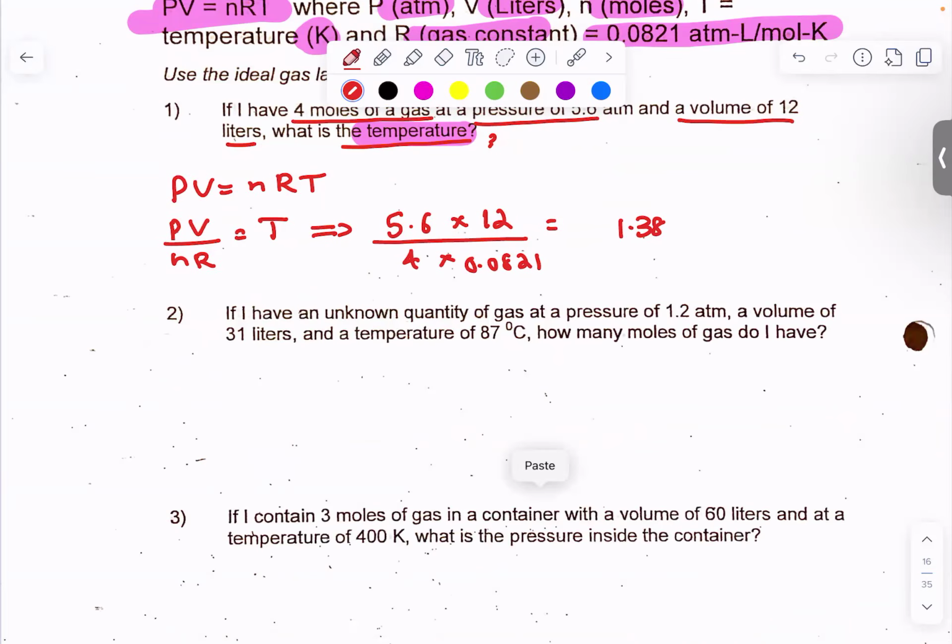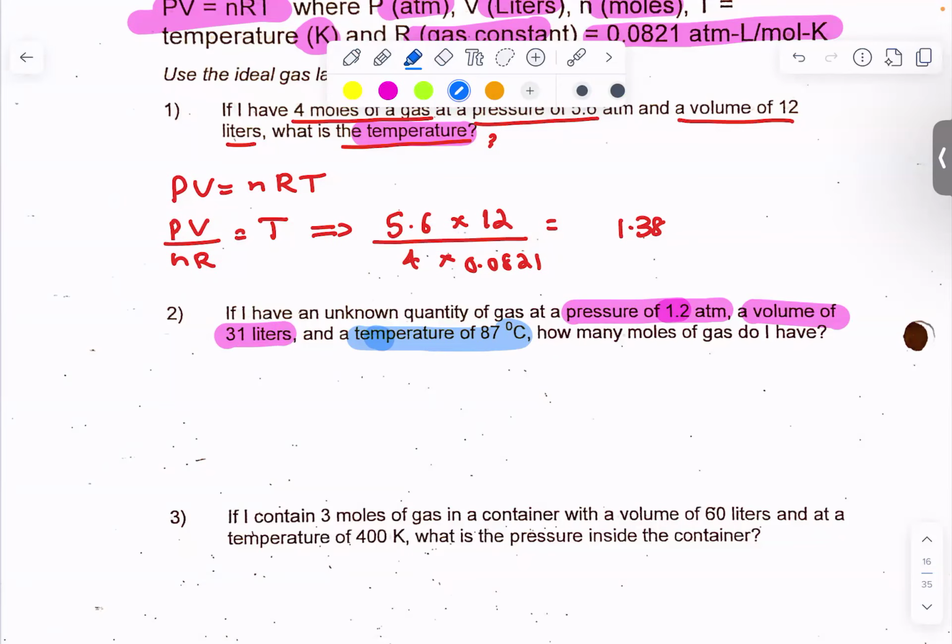So first we need to convert 87 degrees Celsius to kelvins. What you need to do is the very first thing is I'm going to highlight which is normal. Pressure is normal, volume is normal, and temperature is not normal. So I'm going to use another color. So it makes the work really easy. Are you getting my point? Yes. All right.